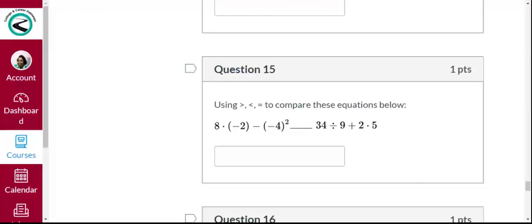So 9 goes into 34. That's not going to come out a pretty number. Okay, 3 is 27, 4 is 36, so it's going to be a 3.